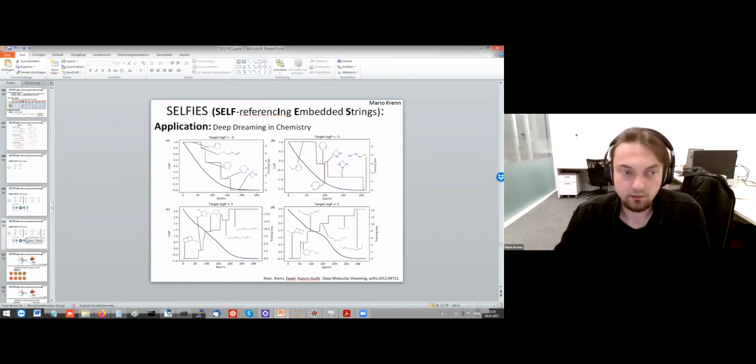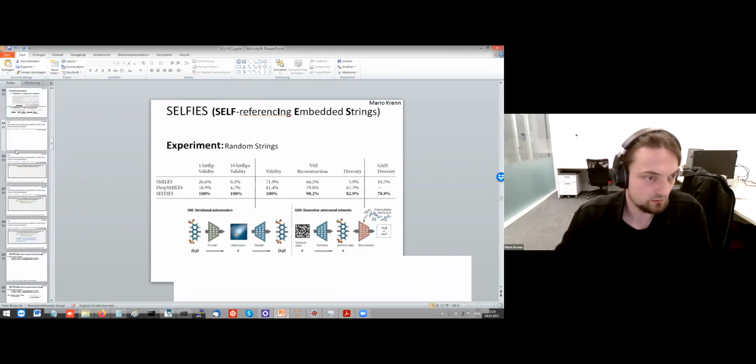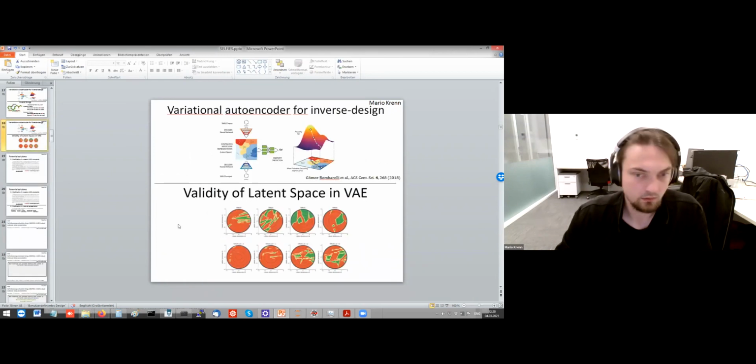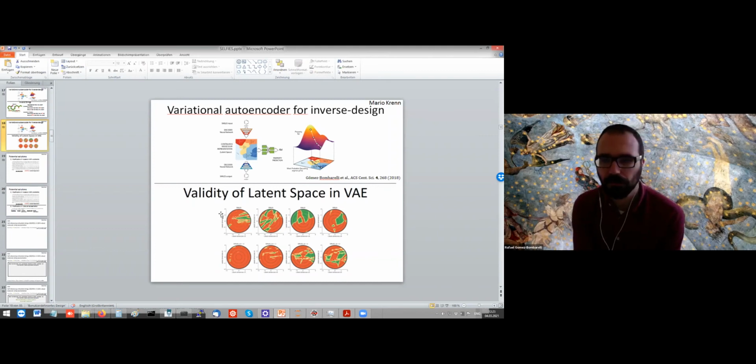Every point in the latent space corresponds to one molecule. Every point corresponds to one complete molecule, not only to some nodes of the molecule. Not sure whether that is the question, actually. Definitely the part about the nodes versus the full molecule.